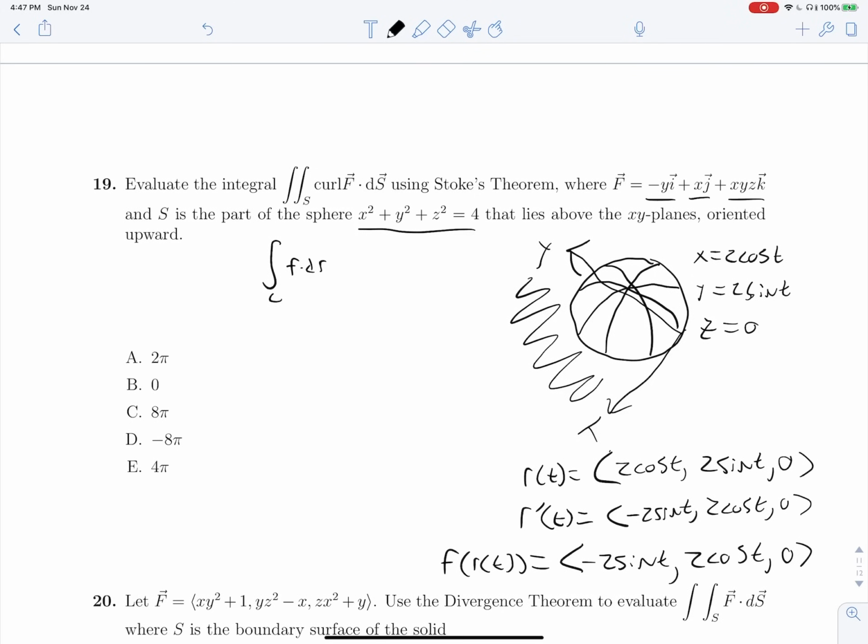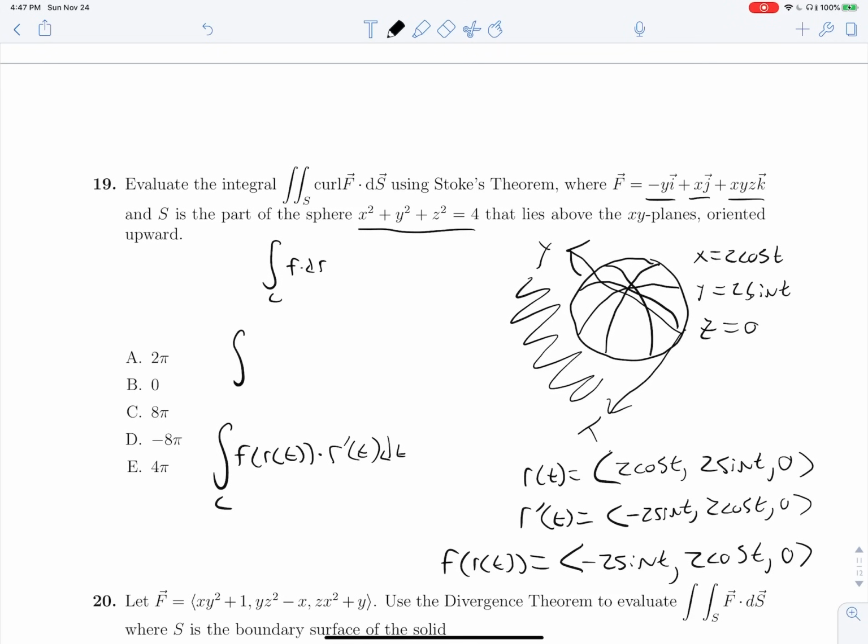So the integral of f dot dr is the same thing as the integral over c of f of r of t dotted with r prime of t dt. And so we can work this out.